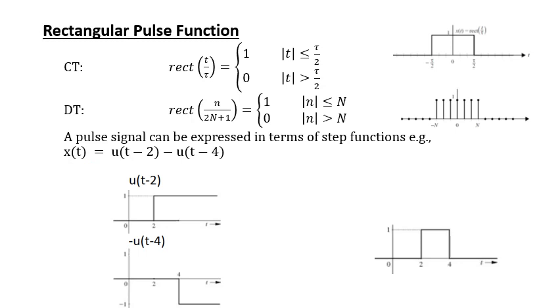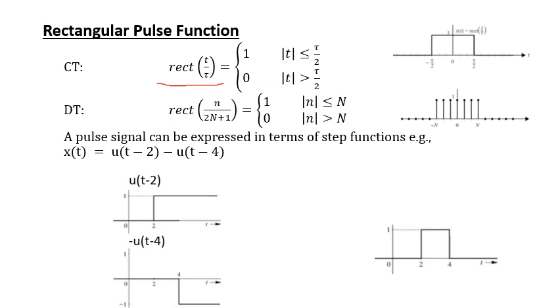The next function we are going to discuss here is the rectangular pulse function. Rectangular pulse function in continuous time case is represented by rect with the argument t by tau, and tau represents its width.